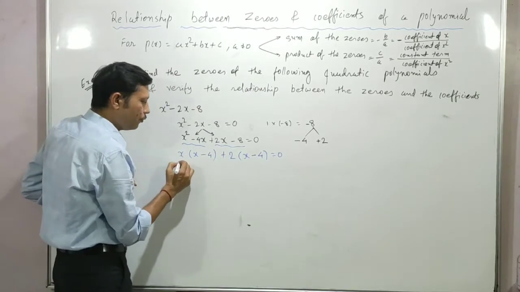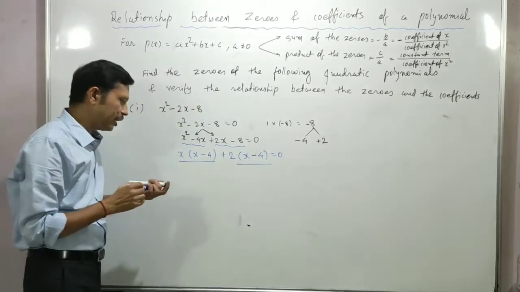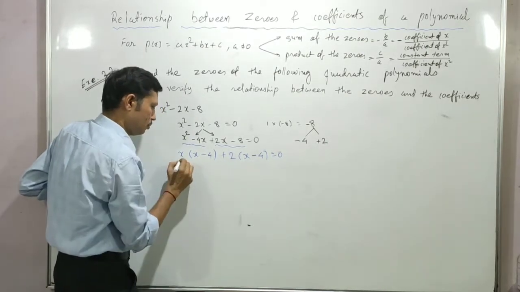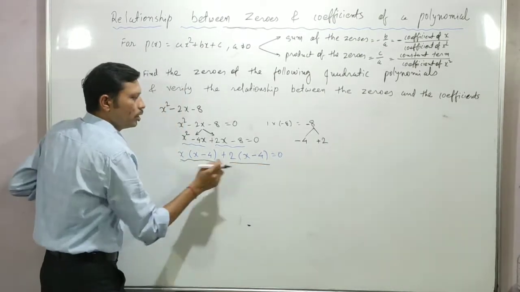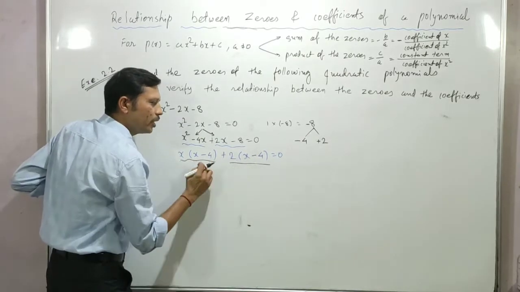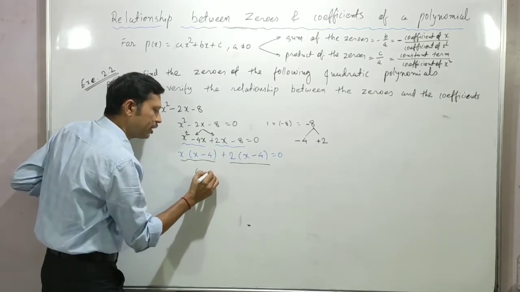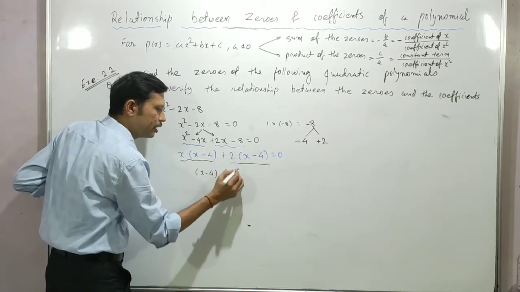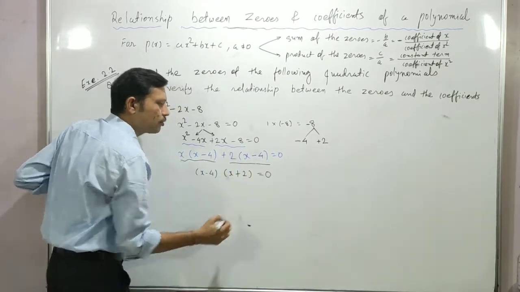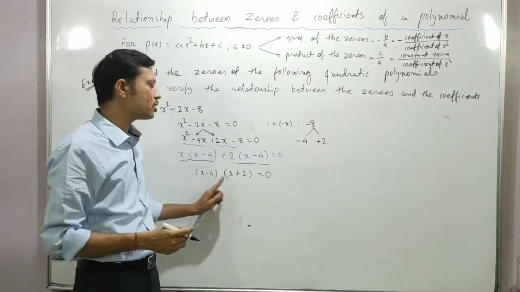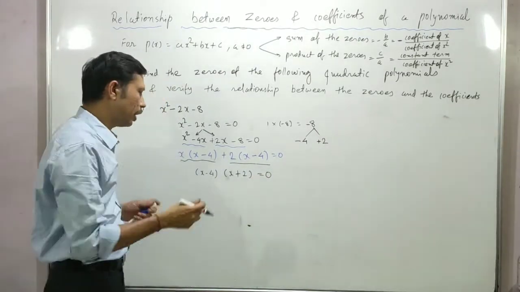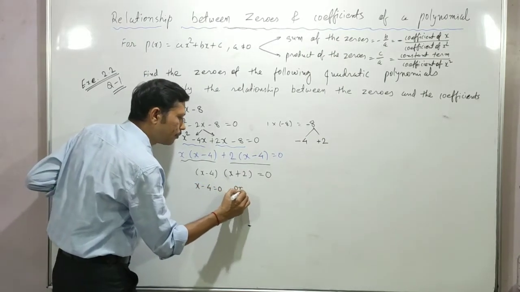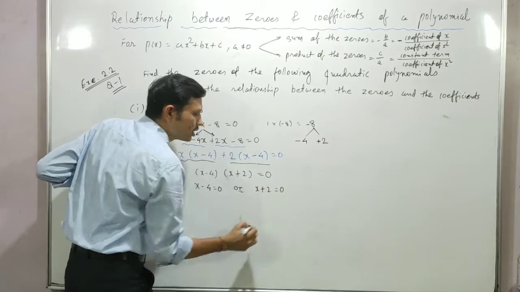And now again, from these two terms, what can we take common? In both terms, I have x minus 4 as a common factor, so I take x minus 4 common. What is left? Here it's x and here it's plus 2, and that is equal to 0. As we discussed, when the product is 0, any one term will be 0. So either x minus 4 will be 0 or x plus 2 will be 0.